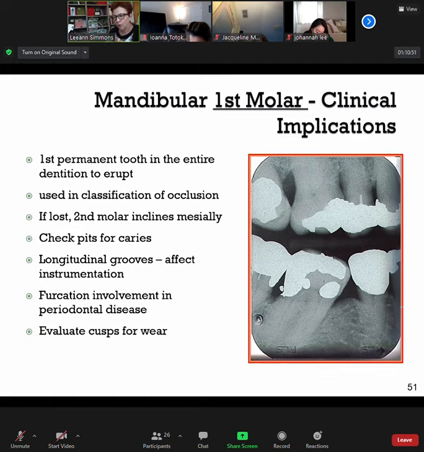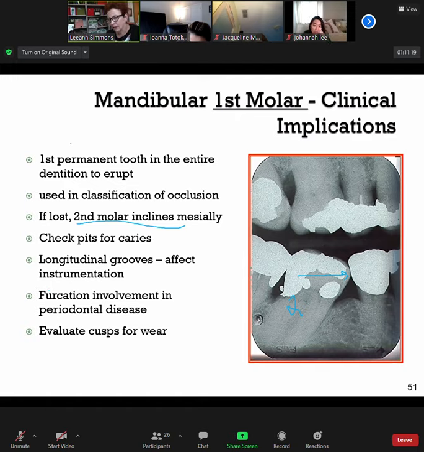If a first molar is lost, the second molar is going to lean right in. And you see here that this is actually a second molar. It's not a first. It has leaned into the space that was left by the first, and it happened long enough ago that it actually produced a contact here.